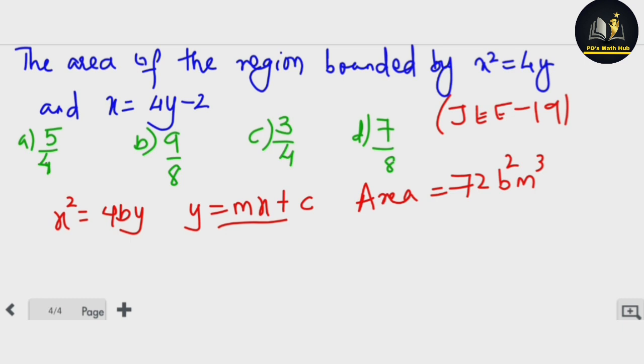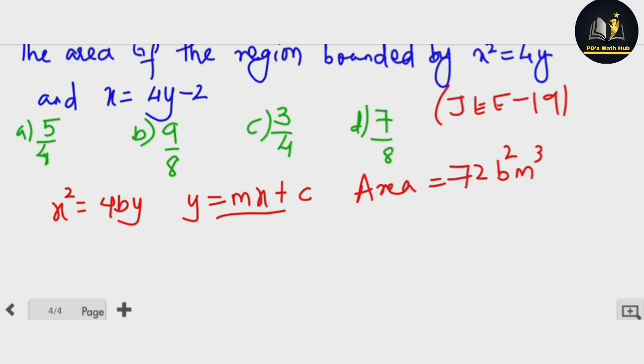So let us try this. The given parabola is x square is equal to 4y. On comparing 4b with 4, you get the value of b to be 1. And what about this line, x is equal to 4y minus 2?